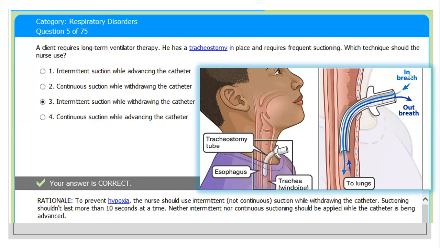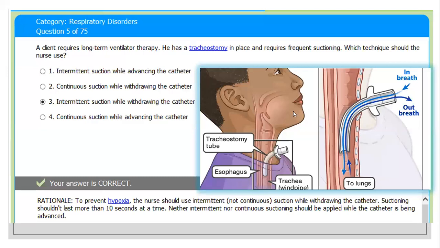You see, air is going in and air is going out. A tracheostomy is a hole that the surgeon makes through the front of the neck into the trachea. A tracheostomy tube is placed into the hole to keep it open for breathing, like this, right?